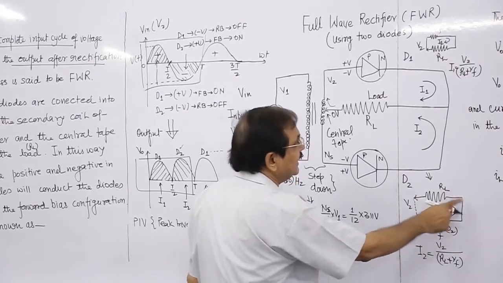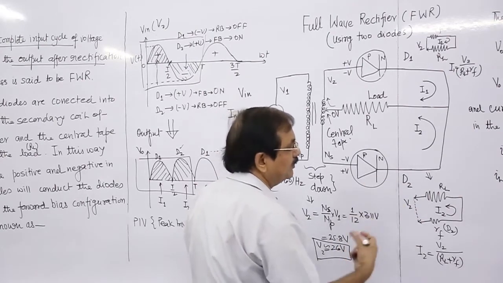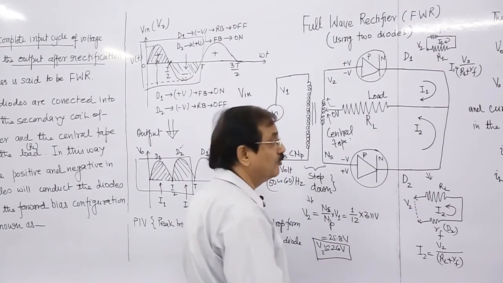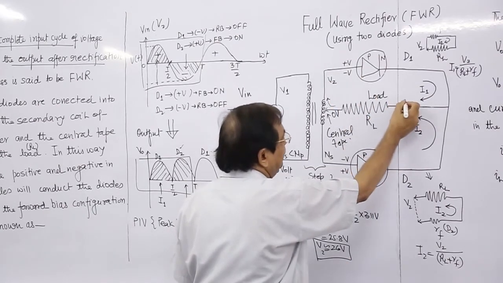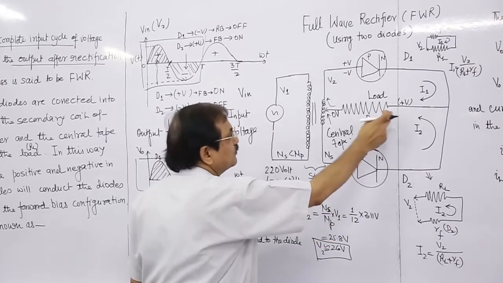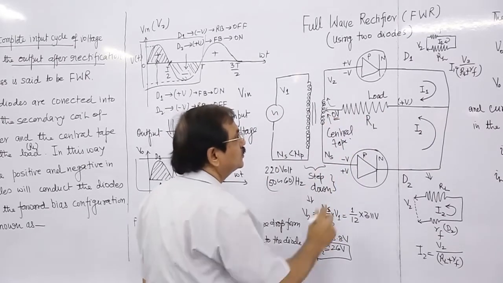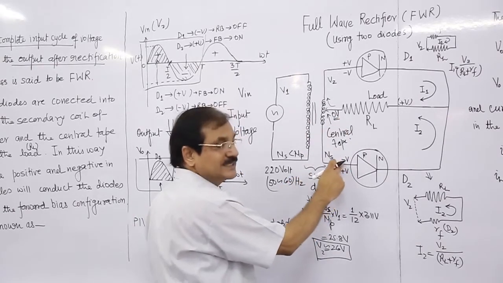In this case, we have to find the peak inverse voltage. Here, this voltage is positive V, this voltage is positive V and this voltage is 0. So, positive V to 0 and then 0 to minus.